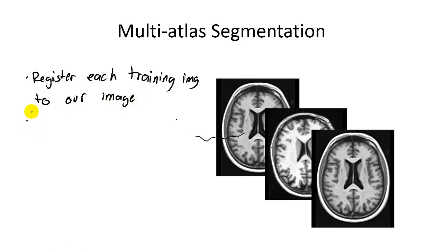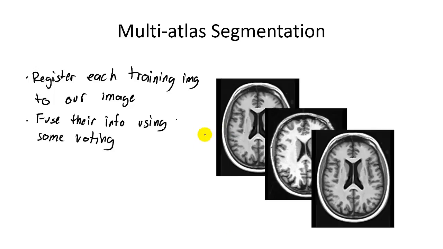And then we're going to fuse their information using some kind of voting. Well, we'll say this image, once we registered it, said it was that. That image said it was CSF. This image said it was gray matter, and so on. And so if most of the images say gray matter, then it's probably gray matter.